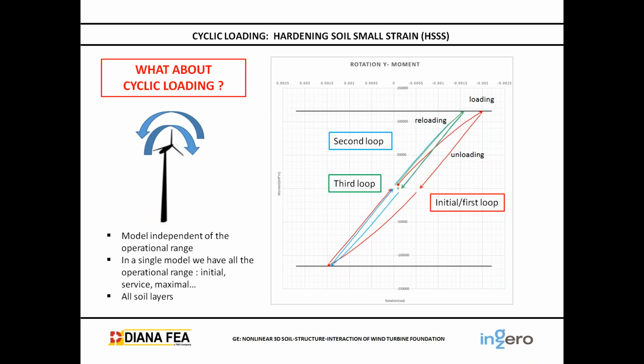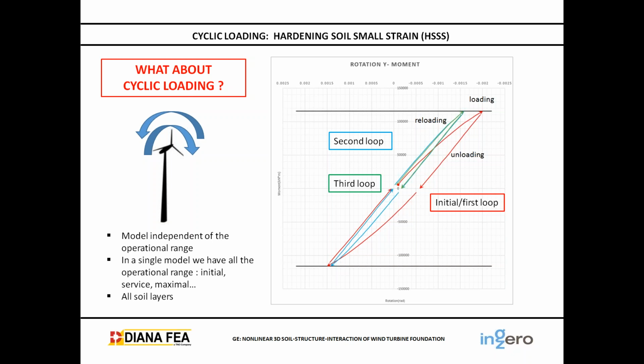So we have introduced these loops of load in a model using hardening soil small strain, and we have obtained the graph here, comparing the moment versus the rotational stiffness, and we see how the behavior of the terrain influences that rotational stiffness.